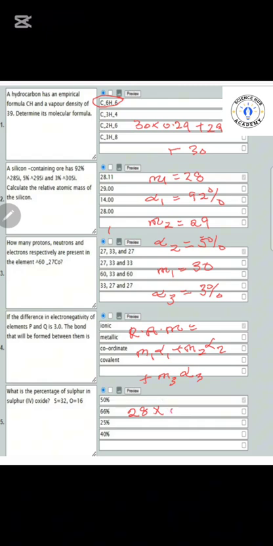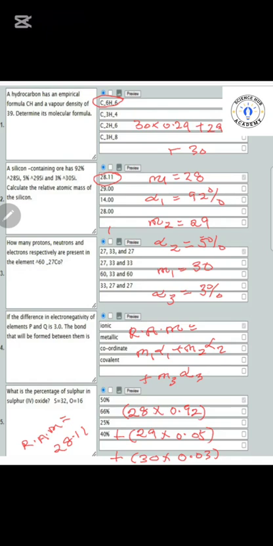Alpha 1, that's 28 multiplied by 0.92, then plus M2, that's 29 multiplied by 0.05, then plus 30 multiplied by 0.03. So let's add them all together. So the relative atomic mass will be equal to what? So the final answer there will give us 28.11. So the answer to that is 28.11.